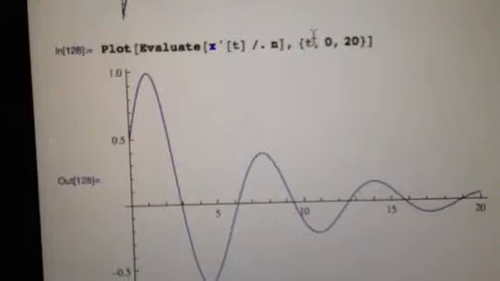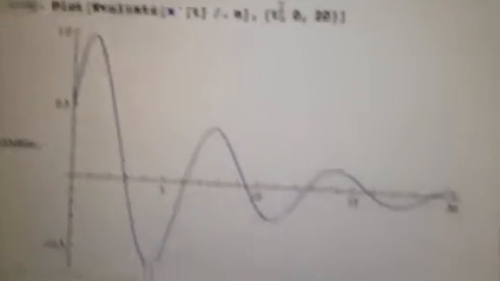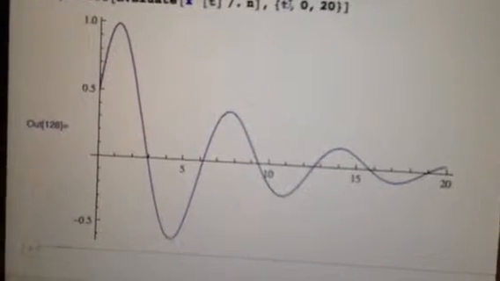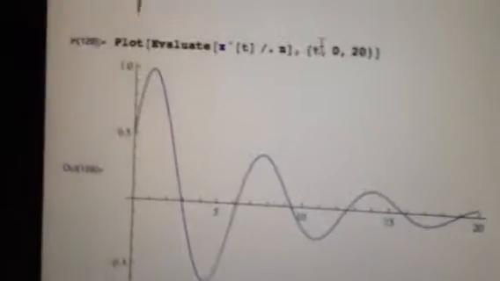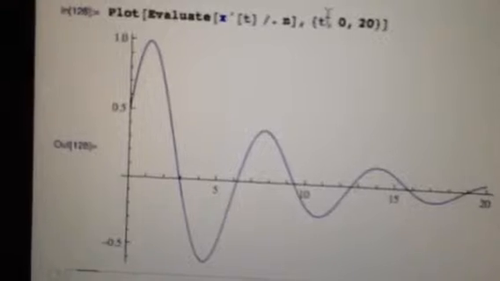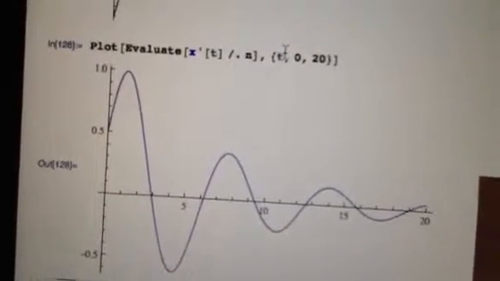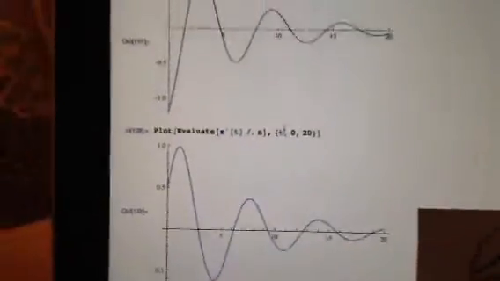So the question that I want to leave you with is, when is the angular velocity the highest? You should use these two graphs.